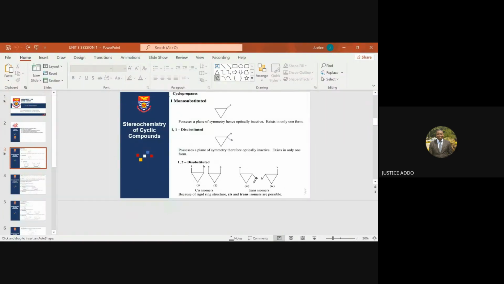So when we talk about the 1,2-disubstituted, as you can see, I and II, when the substituents are on different carbons, then we can arrange them in the cis form or the trans form. So for 1,2-disubstituted cyclo compounds, always know that you have to deal with the cis isomer, discuss its stereochemistry, then look at the trans isomer and also discuss its stereochemistry.